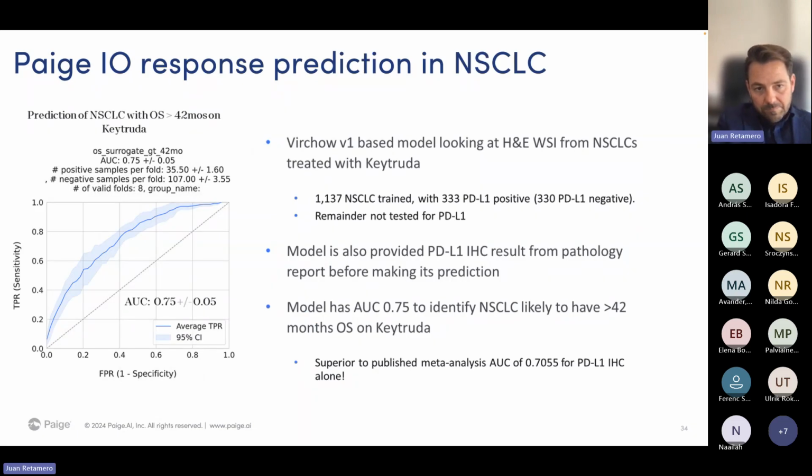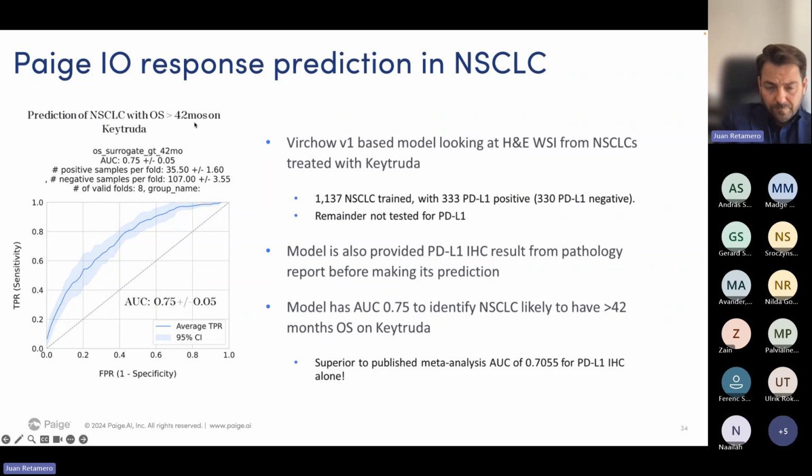Right, and the last model that I just wanted to discuss today would be another tool that actually predicts response to immuno-oncology in non-small cell lung cancer. So the idea would be whether Virchow could actually help us detect overall survival when it is above 42 months in patients treated with Keytruda.